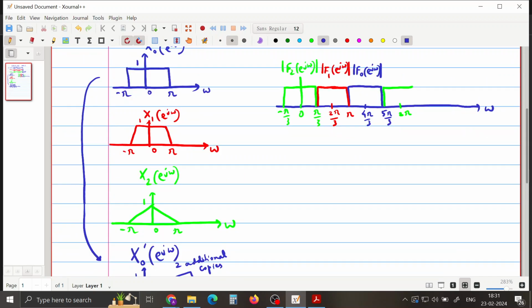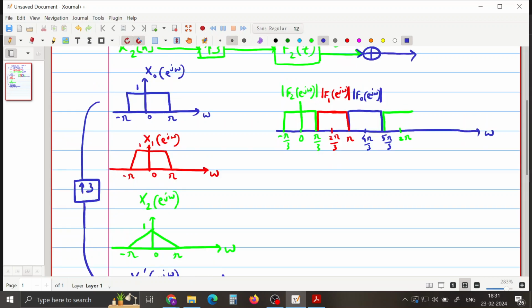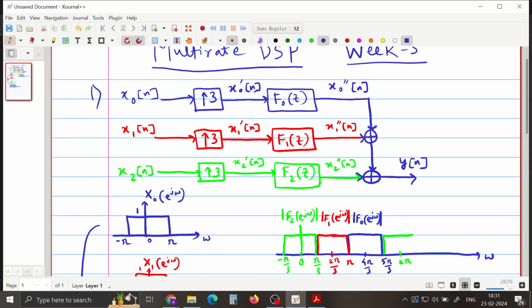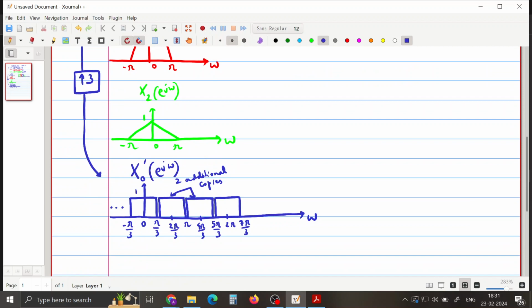Okay, this is what happens when this is passed through an upsampler of factor 3. That's what we are doing in the top branch, right?